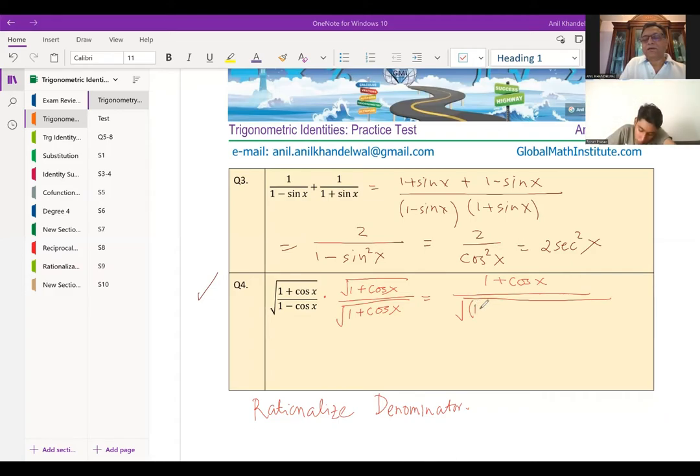I'll do it in 2 steps. 1 minus cos x times 1 plus cos x, correct? So in the numerator, I have 1 plus cos x, and in the denominator, square root, and within the square root, I have 1 minus cos square x.